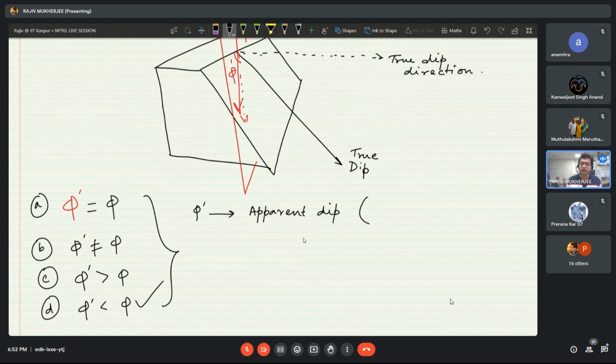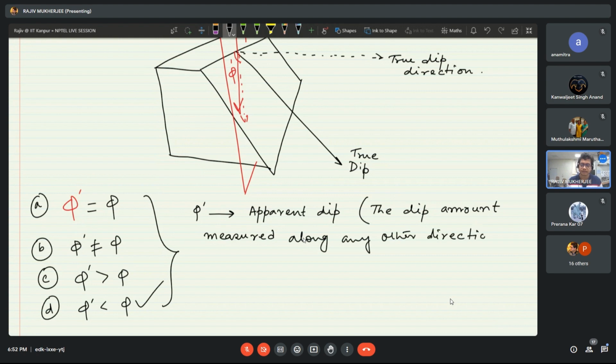The definition of apparent dip is the dip amount measured along any other direction apart from the true dip direction.